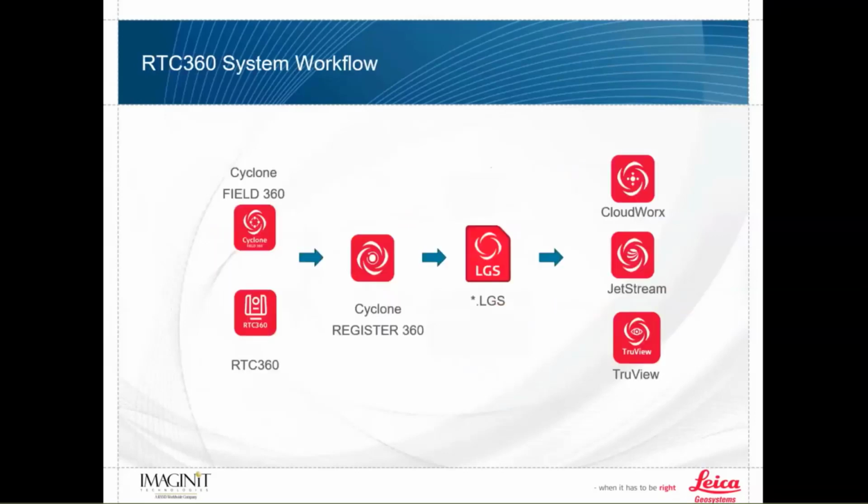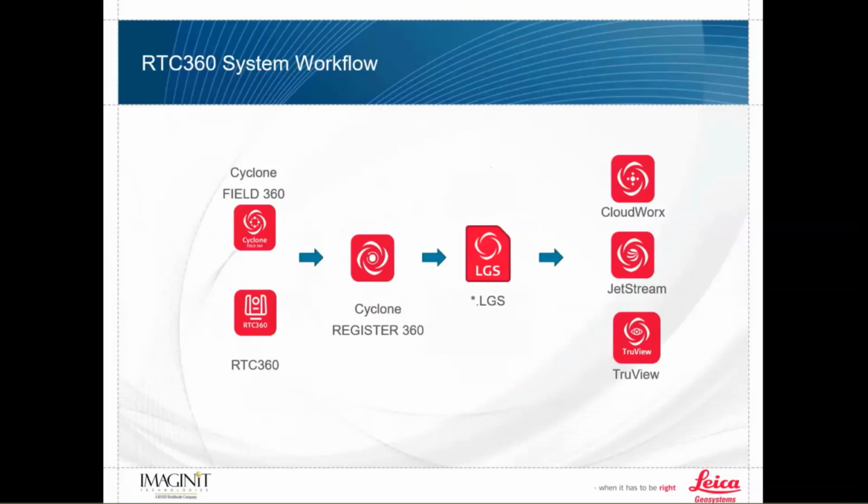So looking at this, this is just a quick, typical workflow that we can use. With the Field 360 and RTC, we take that data. Ultimately, it has to go into Cyclone Register 360. From there, I can put it out as an LGS file.